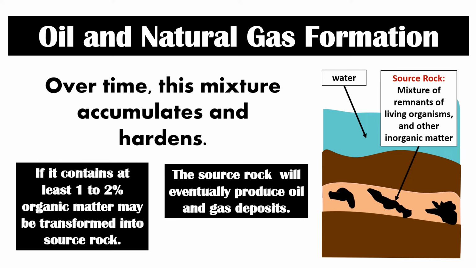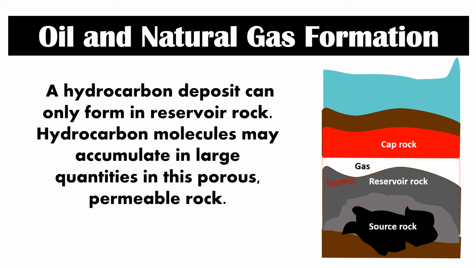Other things that we must consider during the formation of oil and natural gas deposit is the presence of reservoir rock and cap rock. Reservoir rock is a porous, permeable rock that is capable of containing oil and gas deposits. So sa illustration na to, ito yung reservoir rock. Habang nagpo-produce yung kerogen na nasa source rock, dito pupunta yung oil and gas.